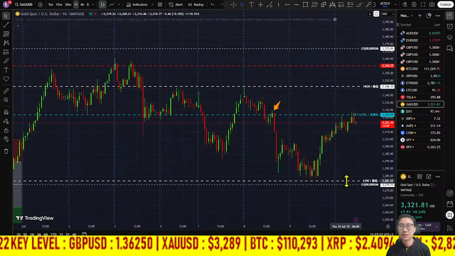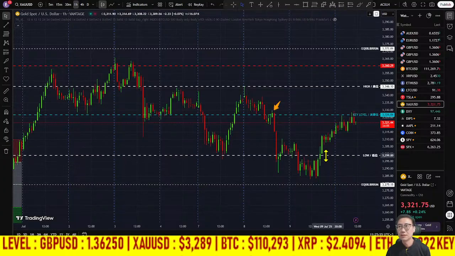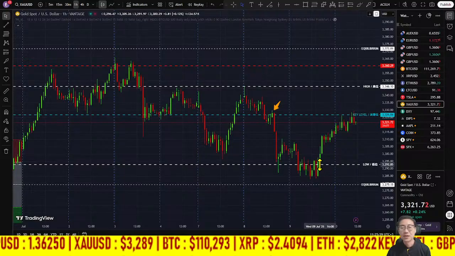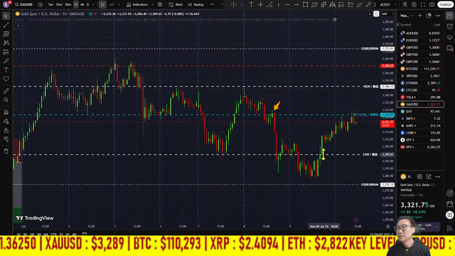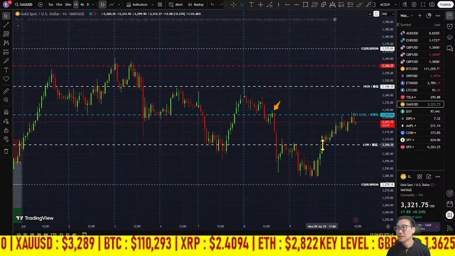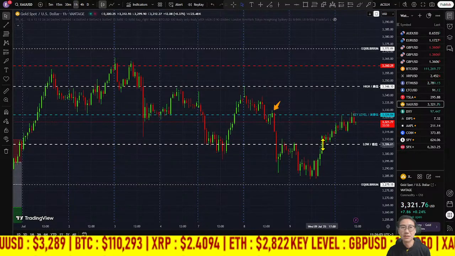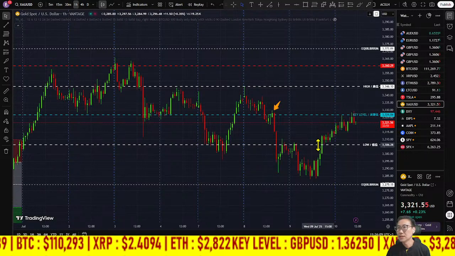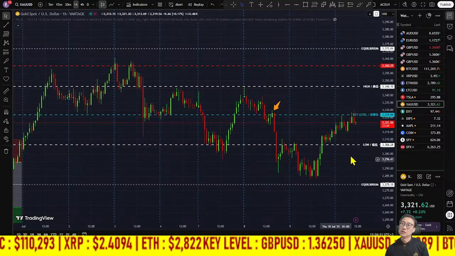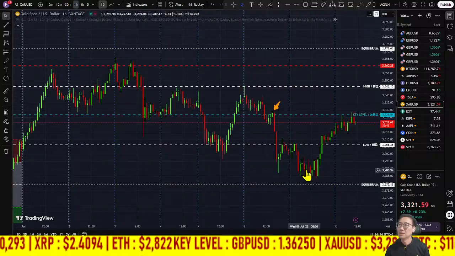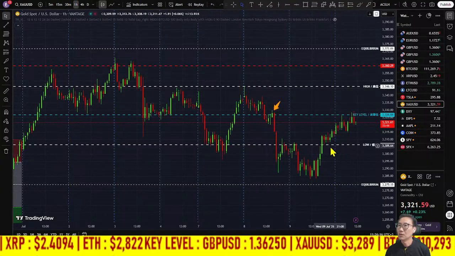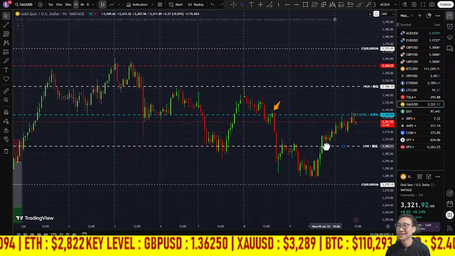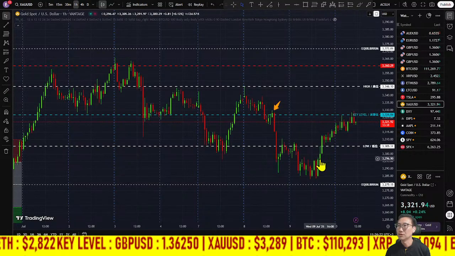Let's see where the potential one is. I can see multiple touches here. So probably we're looking at about 3306. Or no, sorry, even slightly lower here, based on this week here.